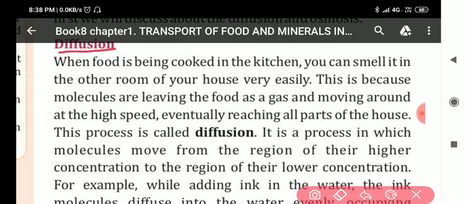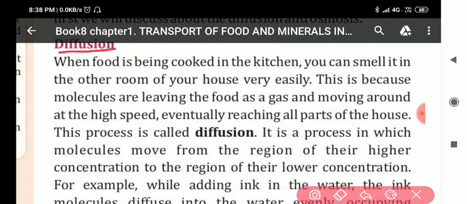When food is being cooked in the kitchen, you can smell it in the other room of your house very easily. Why is it so? Because of diffusion.